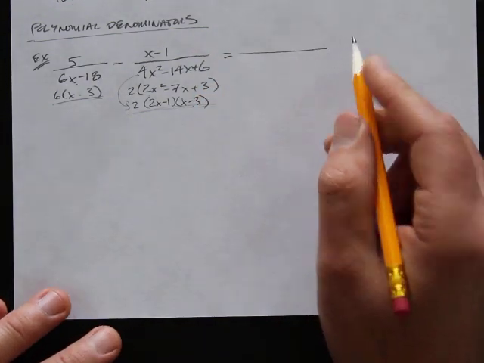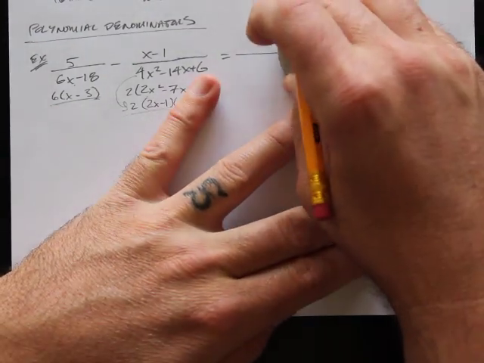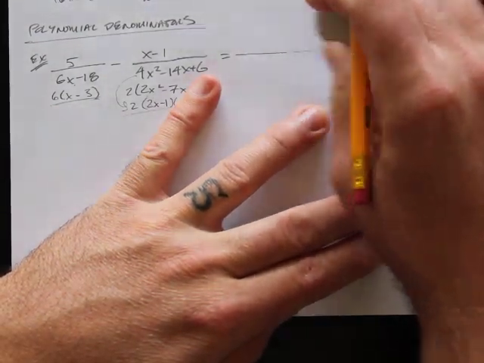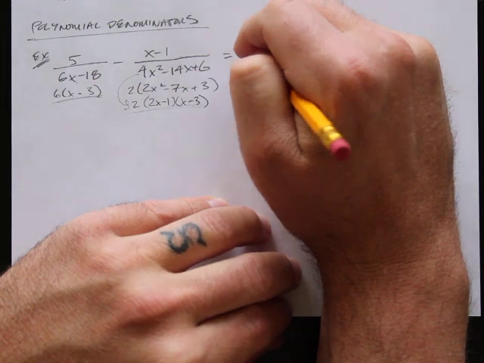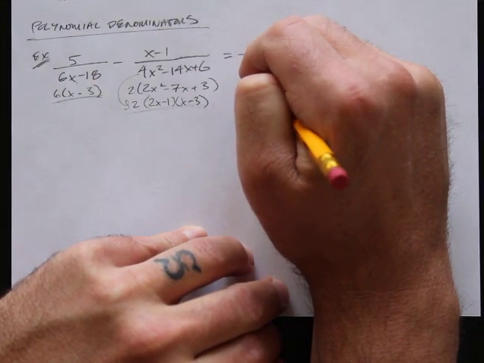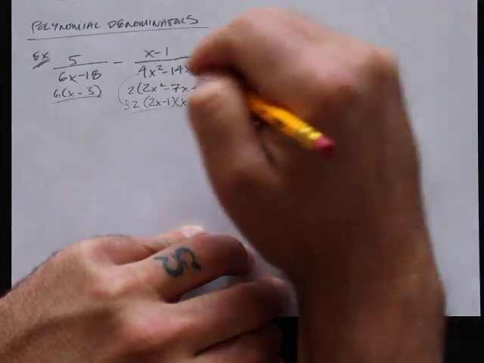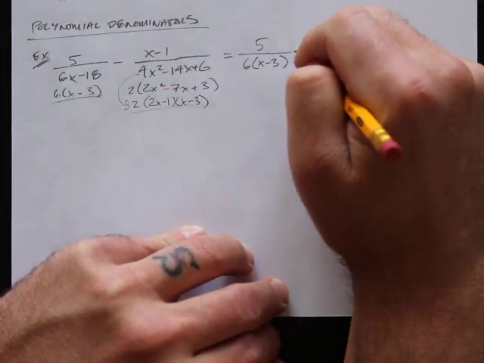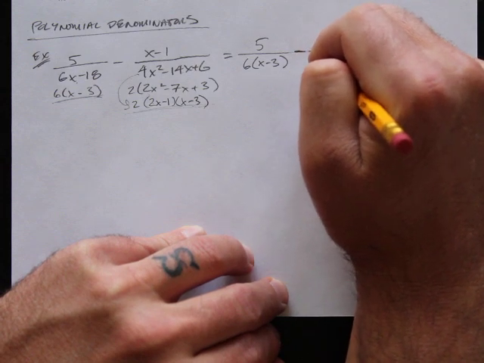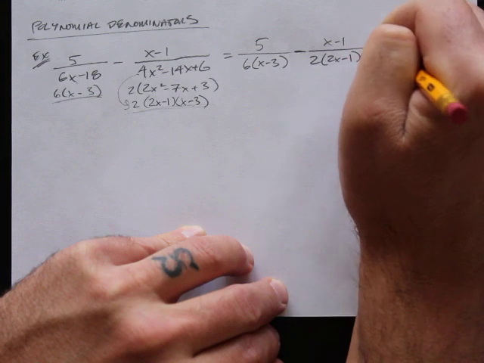We'll do it the longer way, the way we've been doing it. So I've got 5 over 6 times x minus 3, minus x minus 1 over 2 times 2x minus 1 times x minus 3.